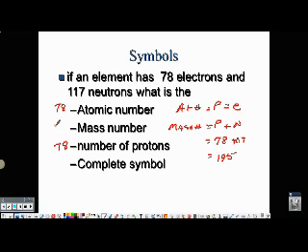So the mass number is 195. Again, go to your periodic table, look up number 78. Number 78 is Pt, and we have a mass number of 195 and an atomic number of 78. So this would be the complete symbol. Okay?